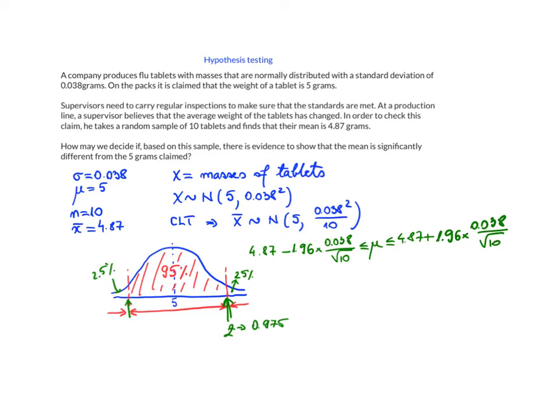So that's a previous unit, right? So the confidence interval lies between 4.846 and 4.894, you can check. And that's a 95% confidence interval. Now, where is my sample mean? 4.87. So 4.87 lies here.